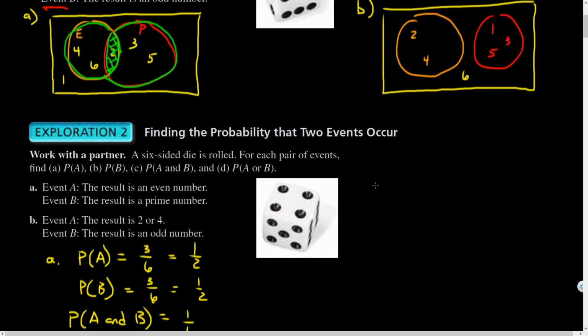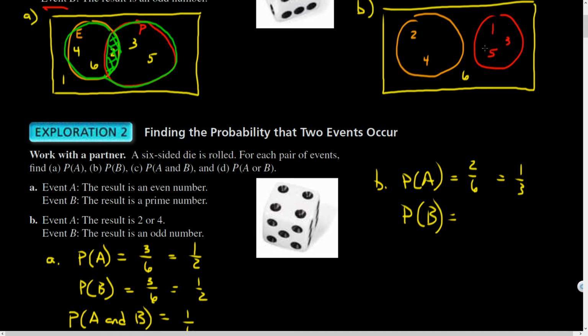Let's consider these probabilities for part B. So what was the probability of event A in part B? Well, that was 2 or 4, and there were 2 possible outcomes. So that's 2 out of 6, or 1/3. Probability of event B is 1, 3, or 5.